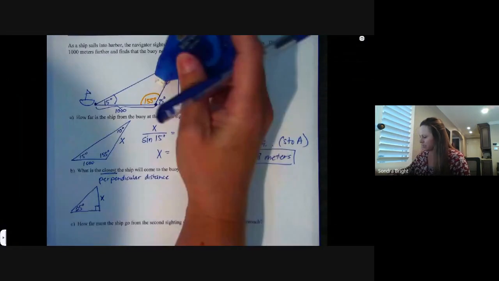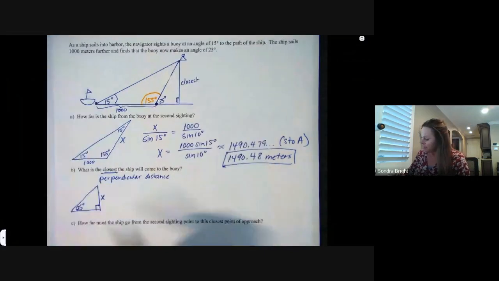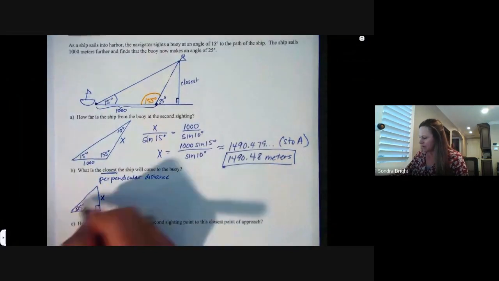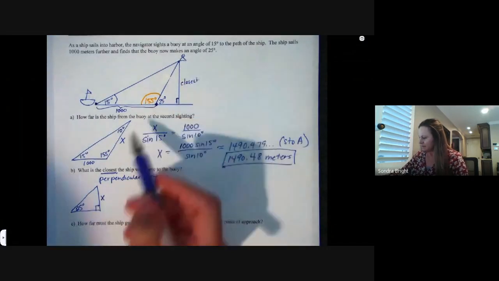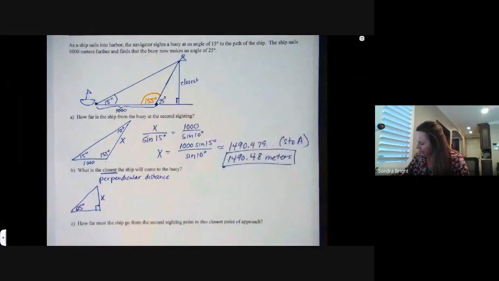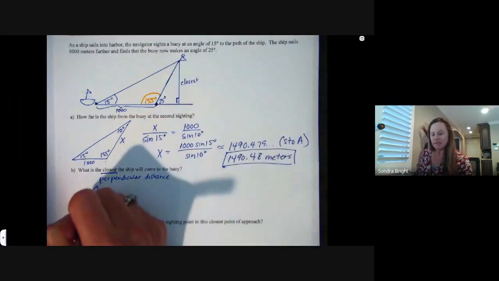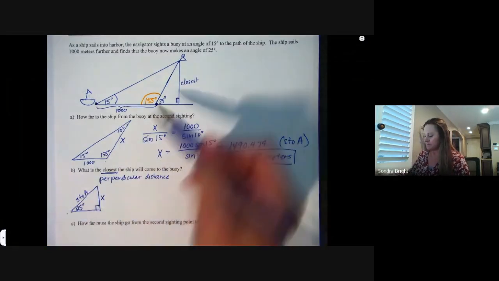I'm trying to find the closest distance. And then this length here is what we just found. This x, I guess I could have used different letters, huh? Oh well, too late now. But this is my stored A value. That hypotenuse here is the distance we just found there.